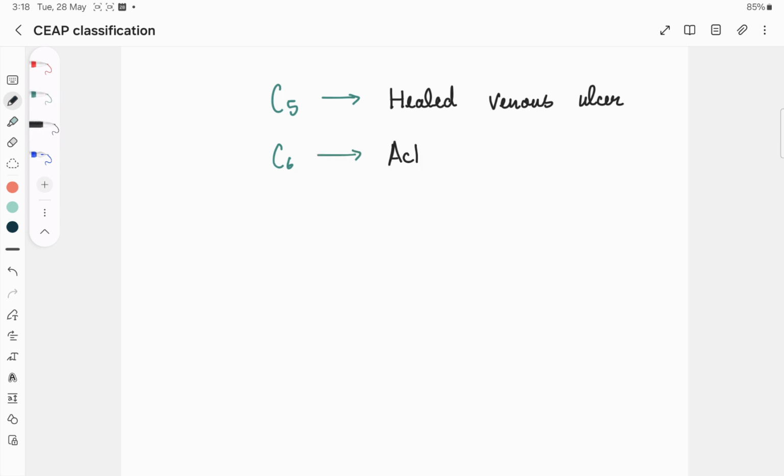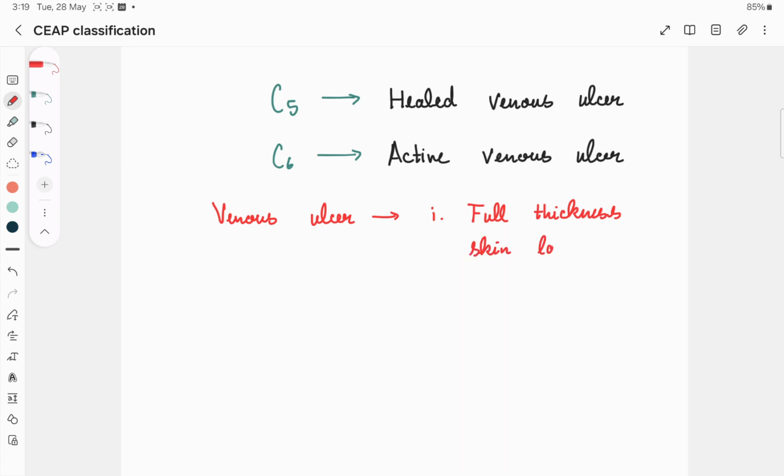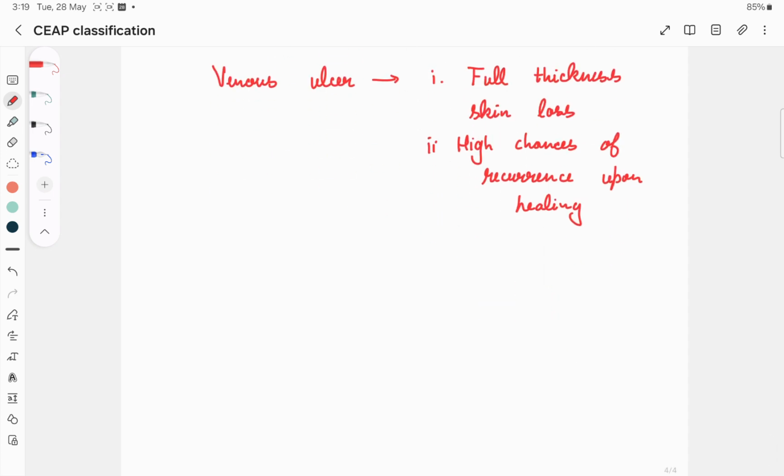C6 is an active venous ulcer. Now what is a venous ulcer? Venous ulcer is full thickness skin loss, and there are high chances of recurrence. So the clinical part of the CEAP classification is complete.